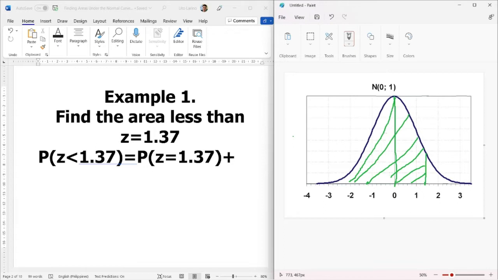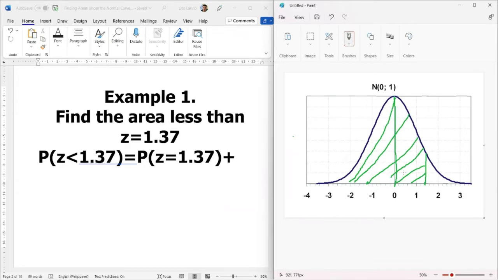Remember that one of the properties of our normal curve is that it is symmetrical. That means the area below the mean is 50%, or 0.5000, and the area above the mean is also 50%, or 0.5000. Now the problem wants us to determine this entire area.